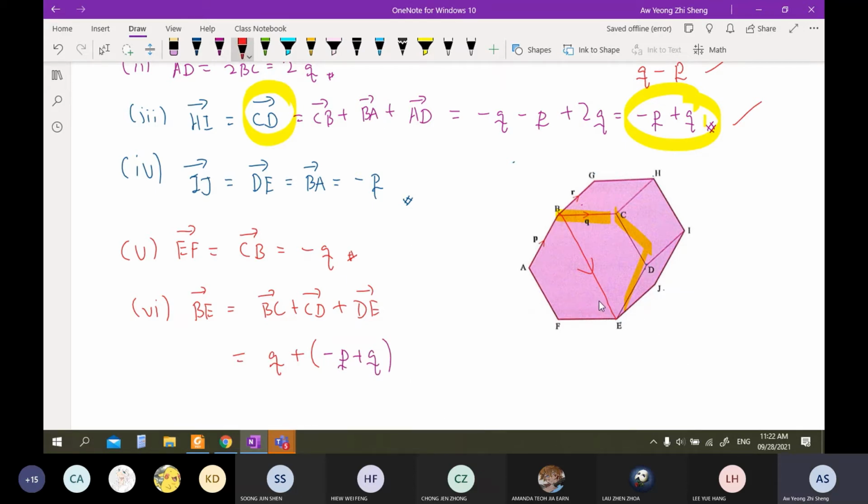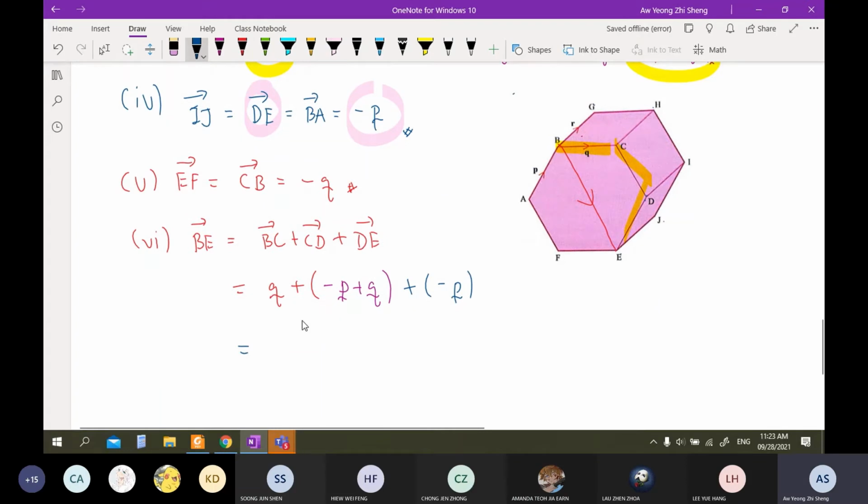DE has also appeared before, up here. DE is actually negative P. So I plus with negative P. Simplifying the terms, you get 2Q minus 2P. And done.